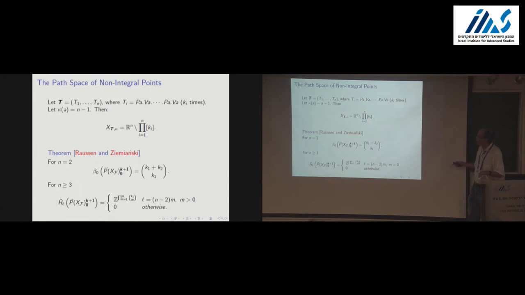You remove Z^n, the lattice, and the question is, what is the path space? So if we are in 2 dimensions, which we'll see in a minute, then there are only discrete points, and the number of discrete points is just k1 plus k2 choose k1.